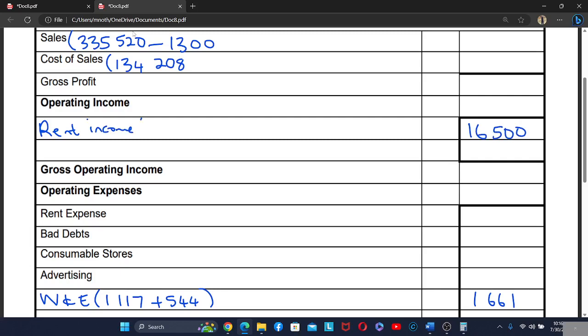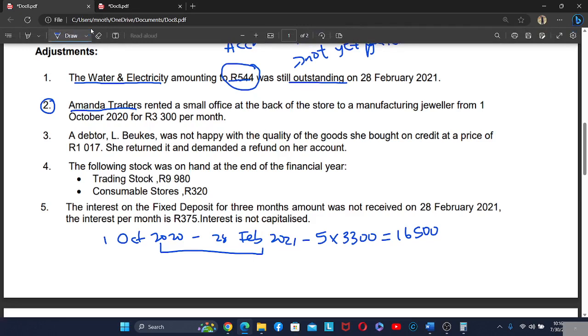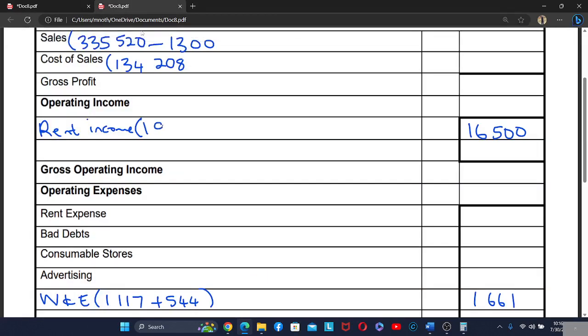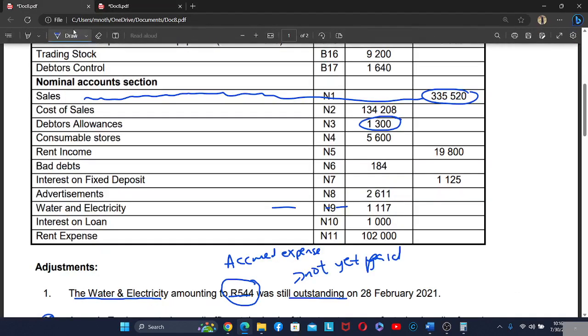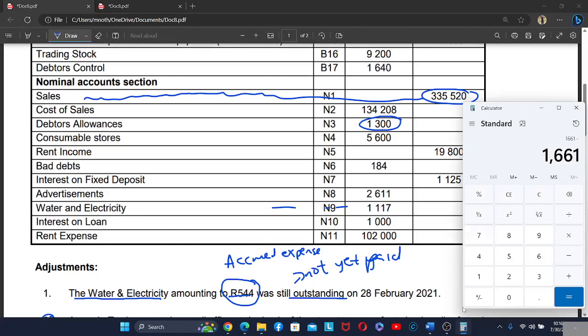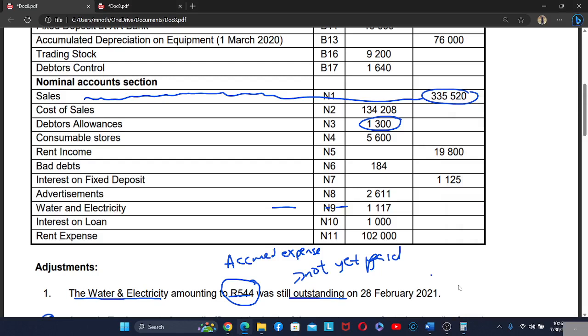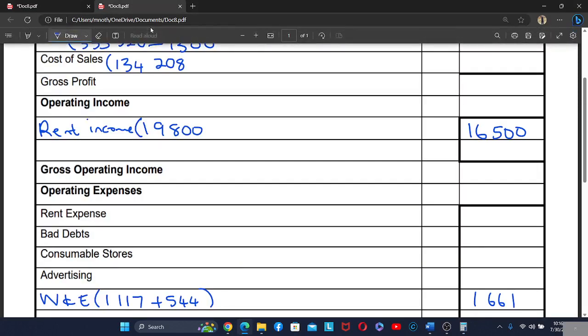But then, in the trial balance, they showed the rent of how much? 19,800. So what does this mean? This means that the business has received the rent income of the next financial year. 19,800 minus 16,500 is 3,300.